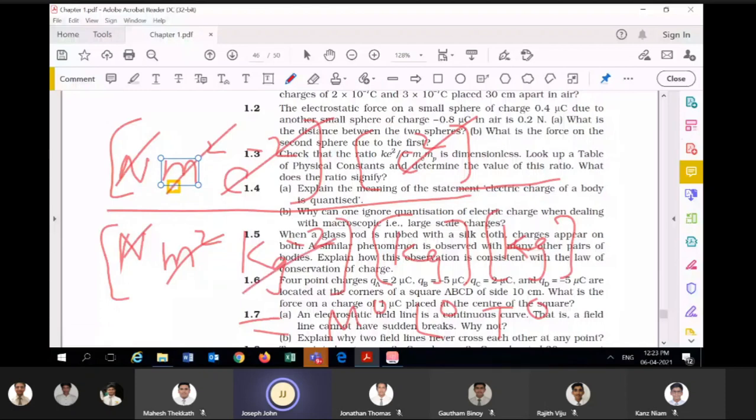So can I write down M raised to 0, L raised to 0, T raised to 0? Then you write, given ratio is dimensionless. Given ratio, last step is given ratio is dimensionless.